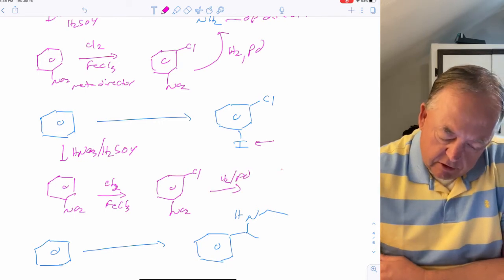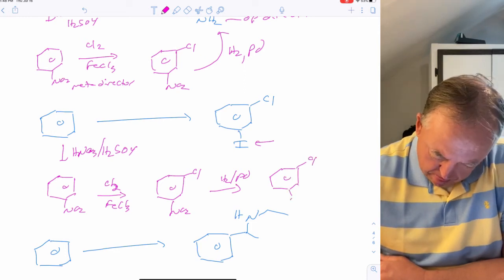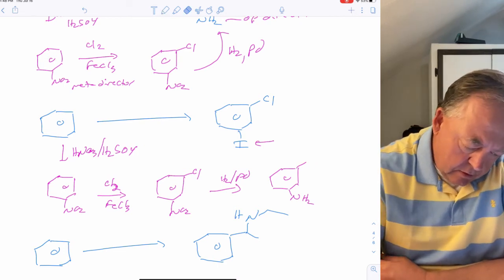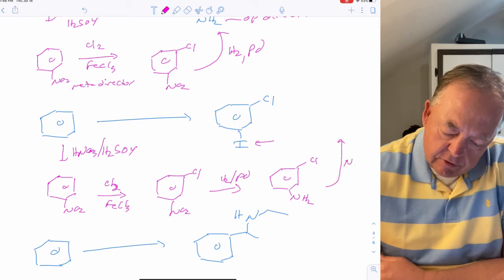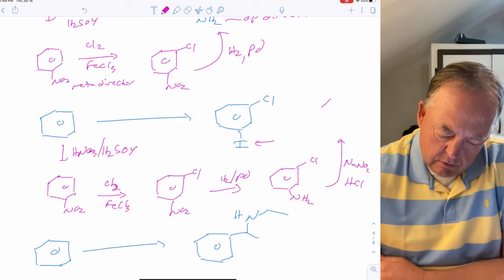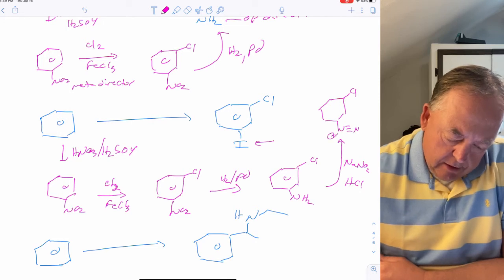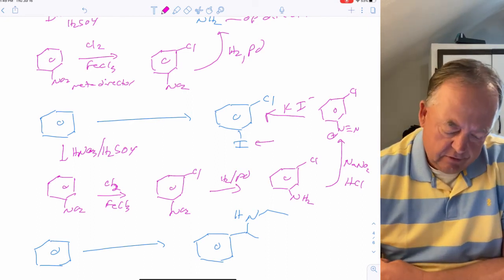Right, and then convert the nitro to amine. And then convert the amine to the diazonium using sodium nitrite, NaNO2 and HCl. And then you can replace the diazonium with potassium iodide. And now you've got the molecule synthesized.